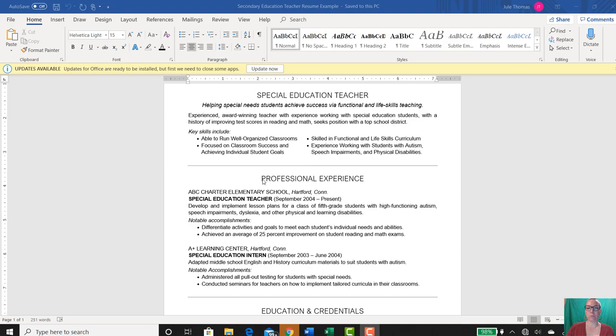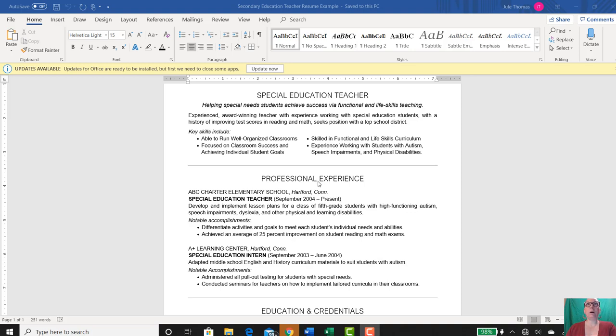So for a lot of you, your professional experience will likely be your work as a student teacher in the classroom. Certainly you'll want to make sure to highlight your work with the service learning component to the course that we had. So if you worked with 826 Michigan or with the Writing Center, you want to place those in your professional experience.